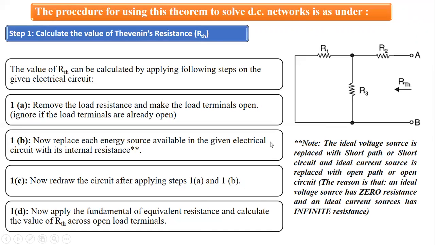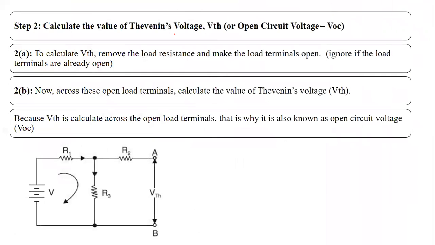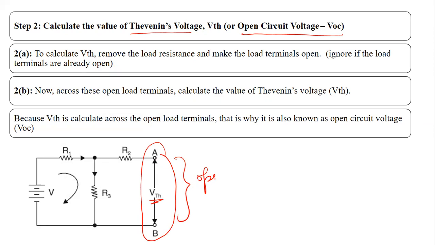Case to case. Now let us come to the Thevenin's voltage, how to calculate Thevenin's voltage. It is very simple to calculate Thevenin's voltage, which is also known as open circuit voltage. To calculate Thevenin's voltage, we remove the load branch and we make the load terminals open. So we measure Thevenin's voltage across these open load terminals, right?